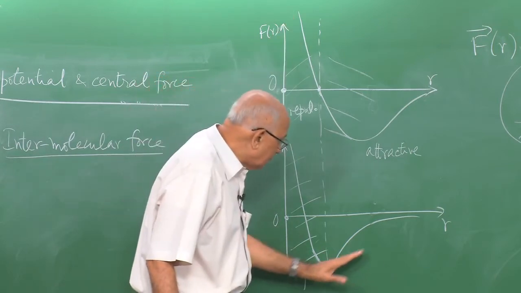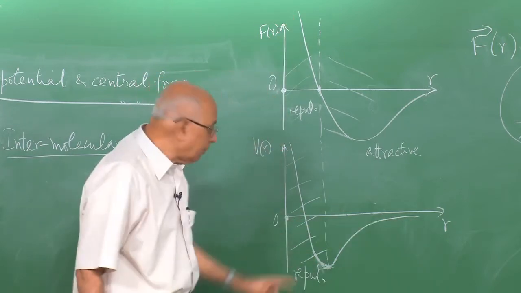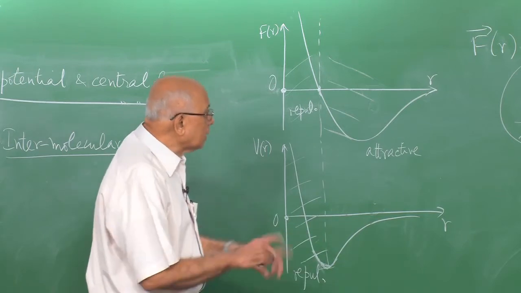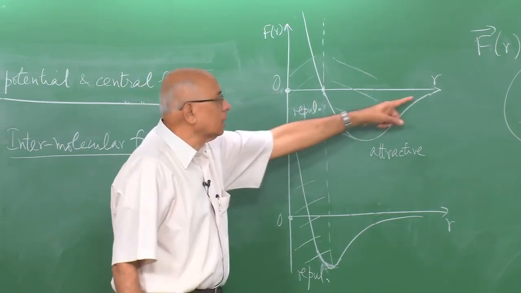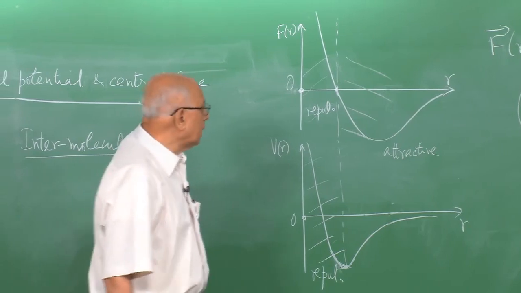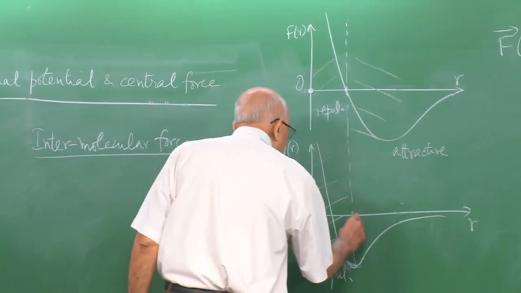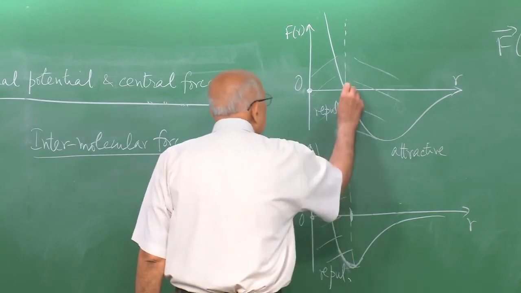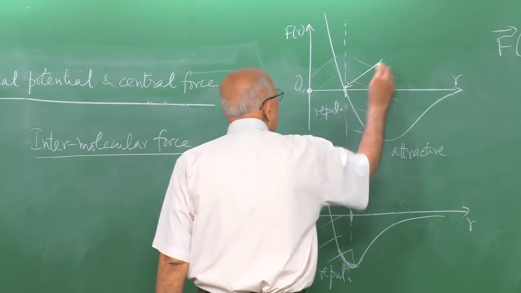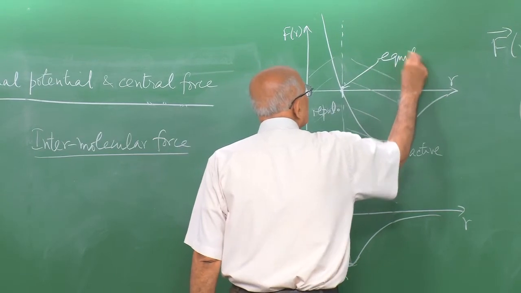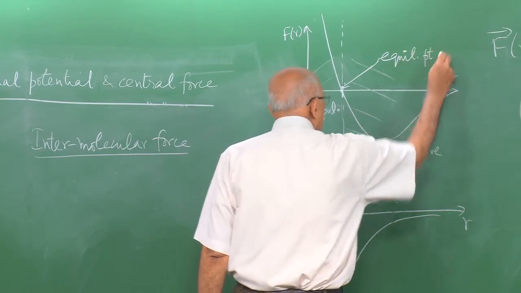And on this side the slope is positive after the minimum, therefore minus the slope is negative, and the force is indeed negative here with a certain equilibrium point. So this is a point of equilibrium.